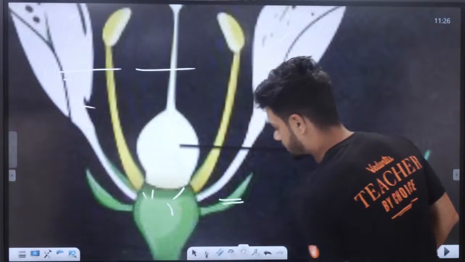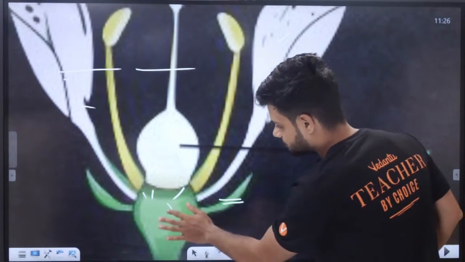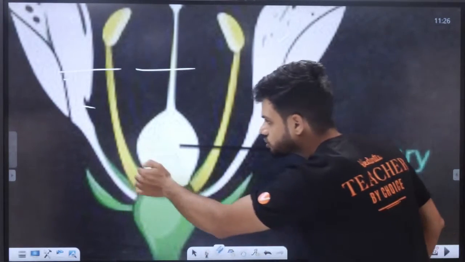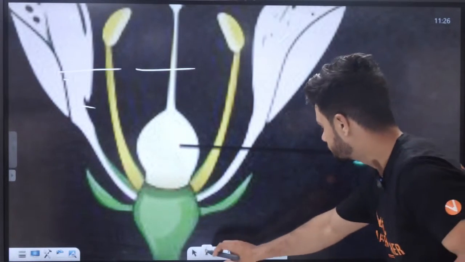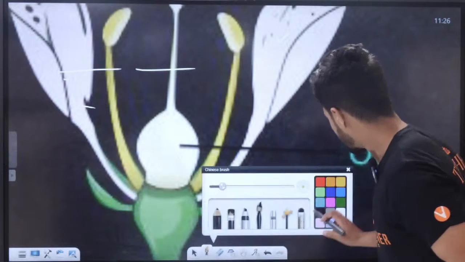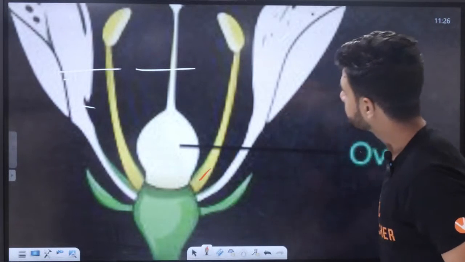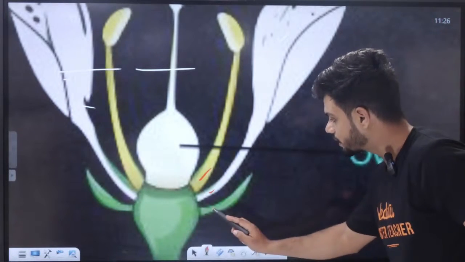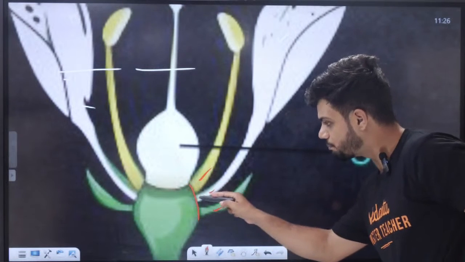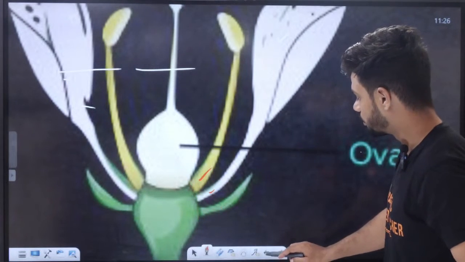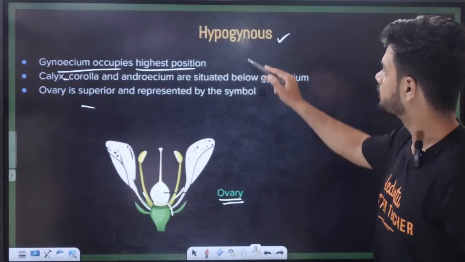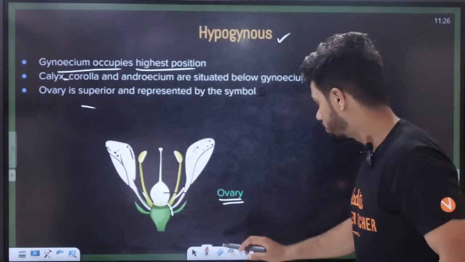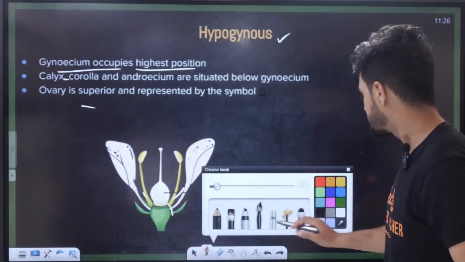The gynoecium is occupying the highest position, and androecium, corolla, calyx, everything is coming from below. So that is called your hypogynous condition.